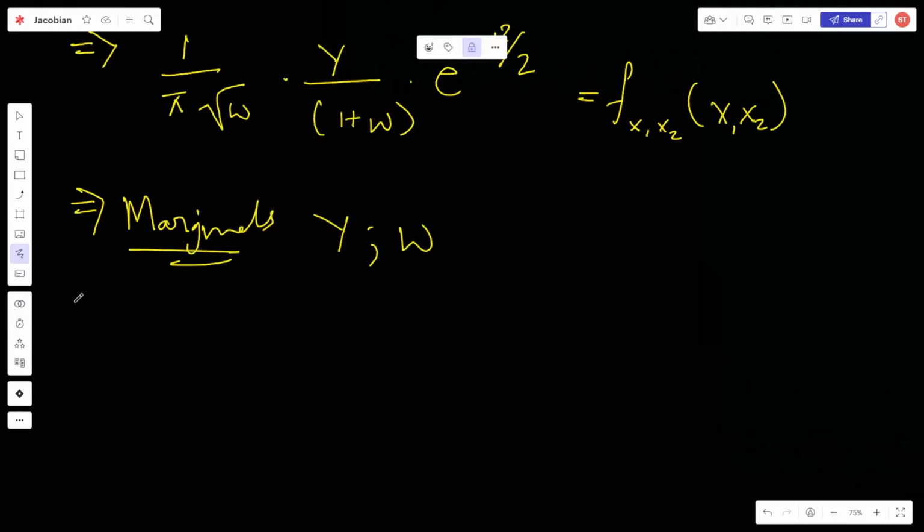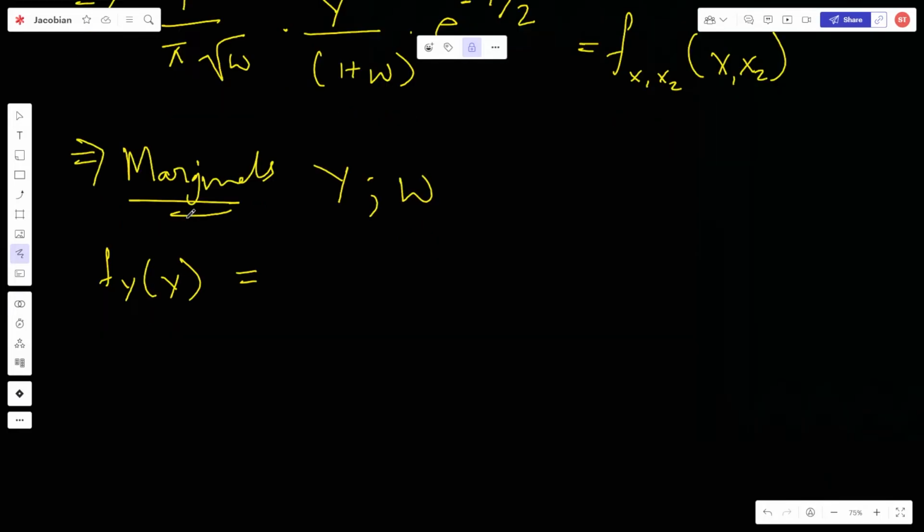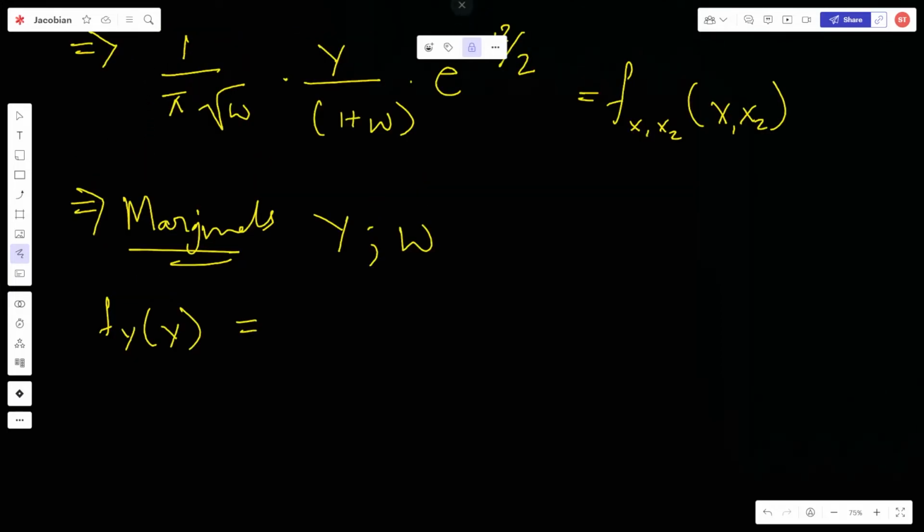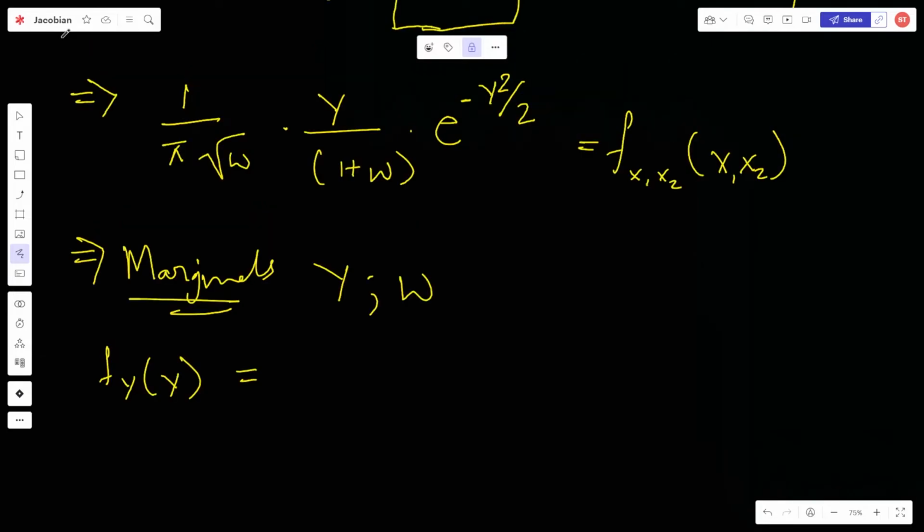So if we want to find the marginal distribution of y, we're going to be integrating in terms of dw. So all I'm doing here is pulling out my y's and moving in all the w's on one side, because my y's are my constant, and we're going to be integrating in terms of w.